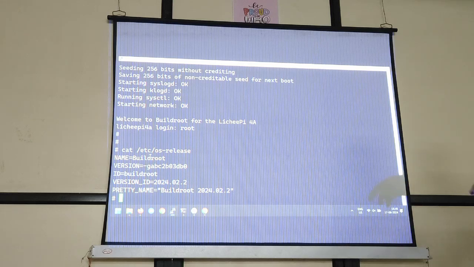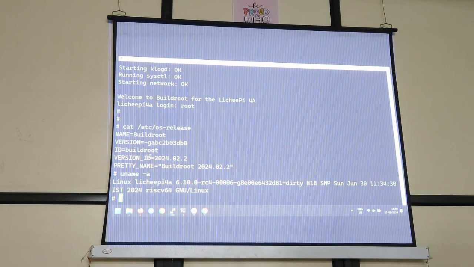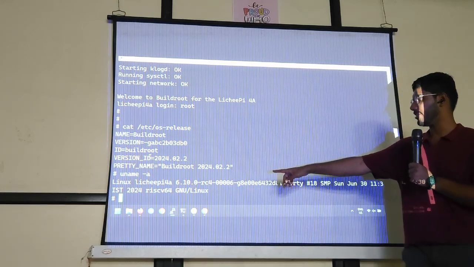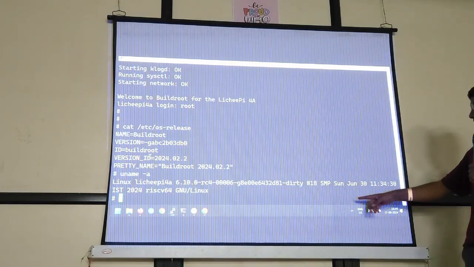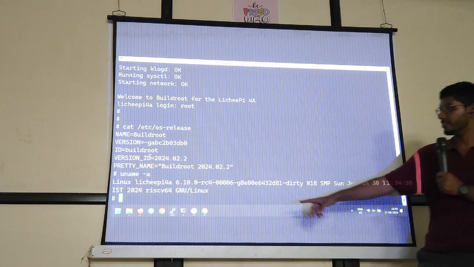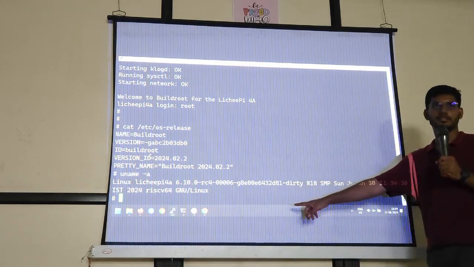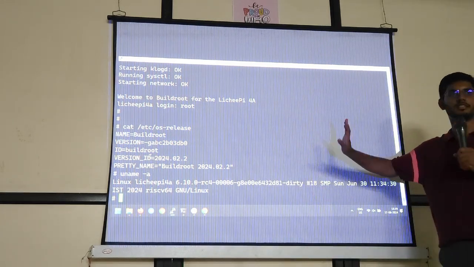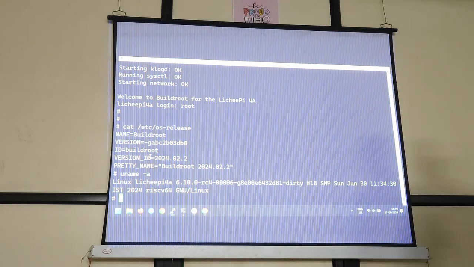Yes, this is Buildroot running in a RISC-V based environment. And one more thing we can do, see, Linux Lichee Pi 4A 6.10.0 RC4 in SMP mode on RISC-V 64 GNU Linux. So this is the banner, which shows it is running a RISC-V based kernel.